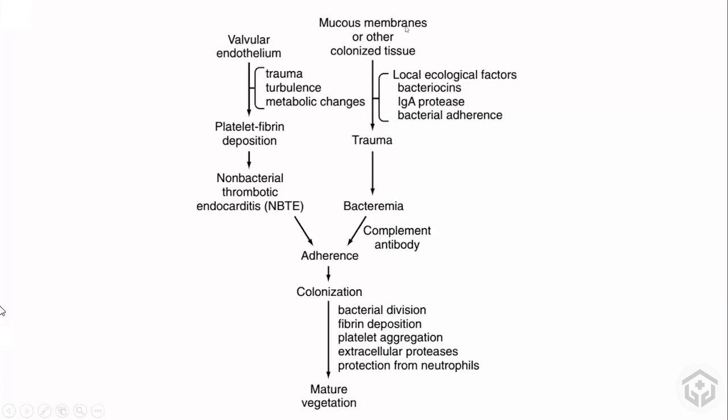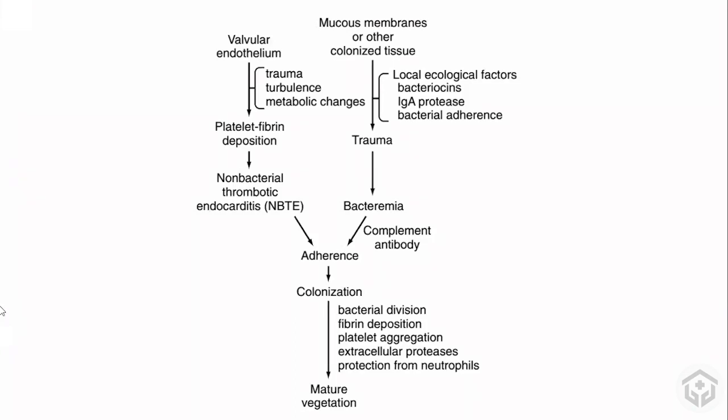The mucous membrane or other colonized tissue we are considering here includes gingival tissue, gynecological procedures, gastrointestinal procedures, and urologic procedures. The number of organisms colonized and the extent of trauma we produce will define the amount of transient bacteremia in our body.